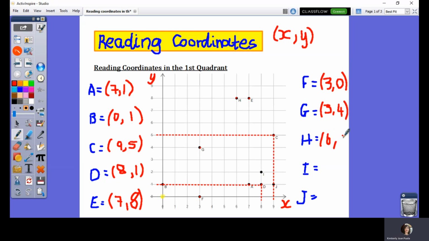Therefore, the coordinate should be 6, comma 8. Letter I. Letter I is here. He moved 8 to the right and 2 up. Always move on the x-axis first and then go up, reading from the y-axis.